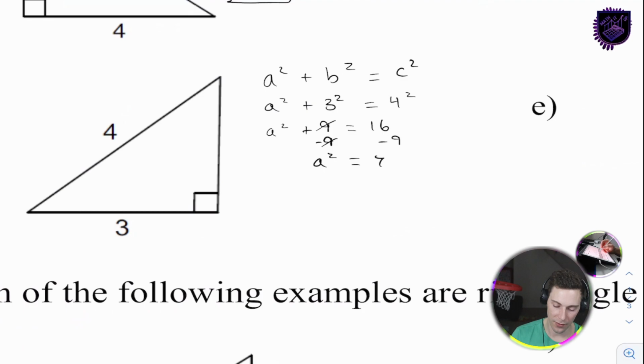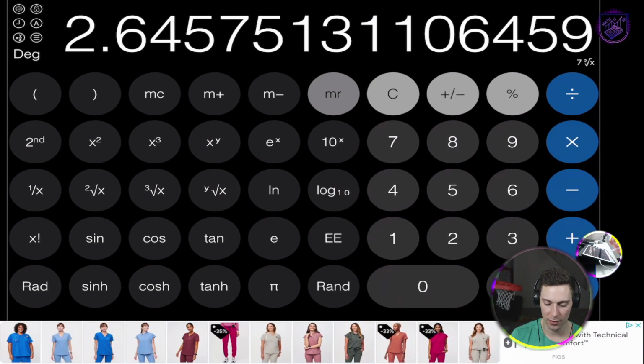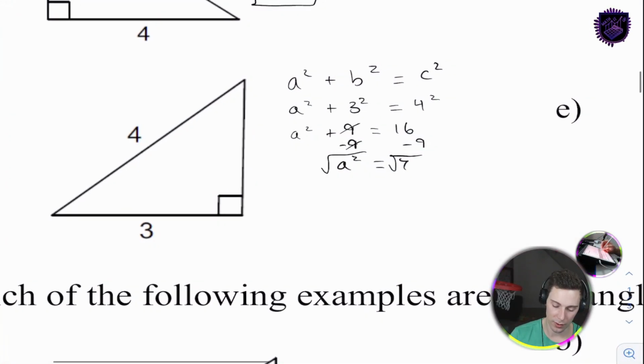A squared is 7, so the square root of A squared is going to be the square root of 7. What is the square root of 7? 2.64, rounding down to 2.6. A is equal to 2.6.